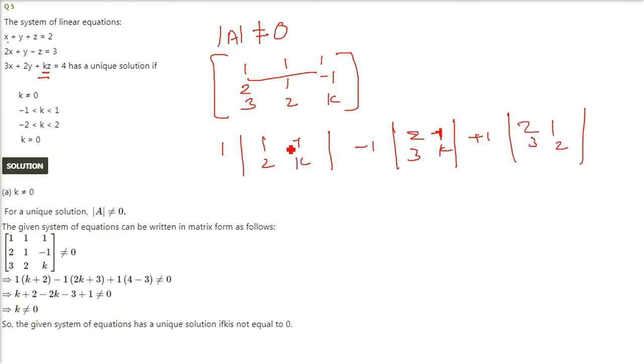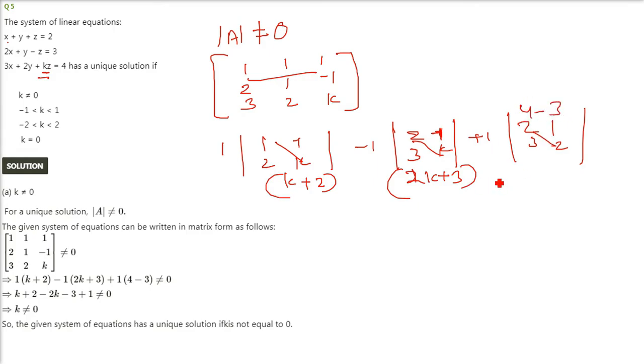So k into 2 minus 1, 2k, and minus becomes plus 2k plus 3. Then we have the third one, 4 minus 3 is 1.